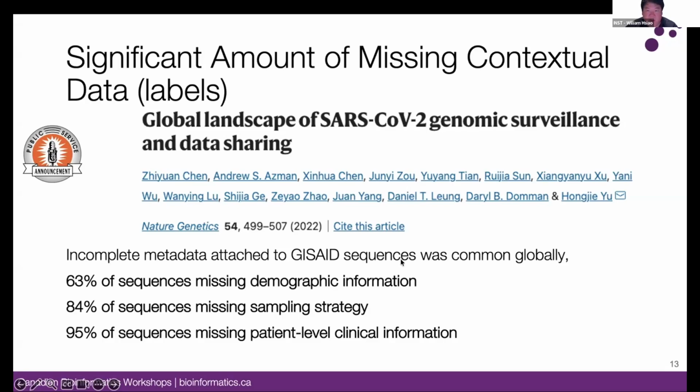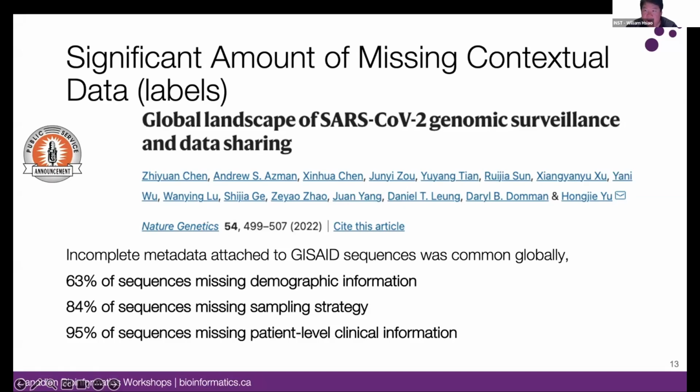You can see from this study that they reported 63% of the sequences missing demographic information, and 84% don't have sampling strategies, meaning that we can't use the data properly for epidemiological modeling. If you don't know the sampling conditions or the study strategy, then it's hard to do epidemiological interpretation.